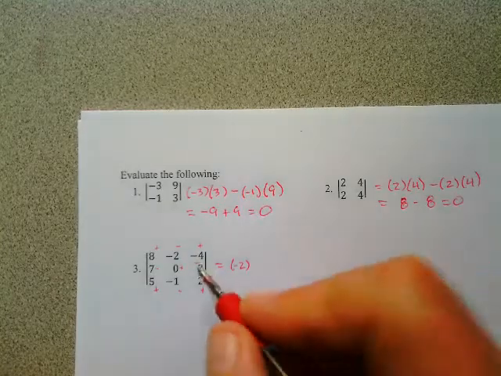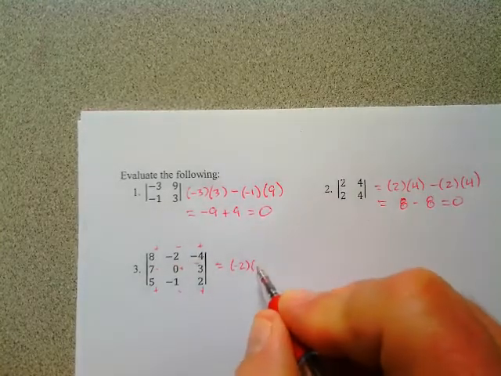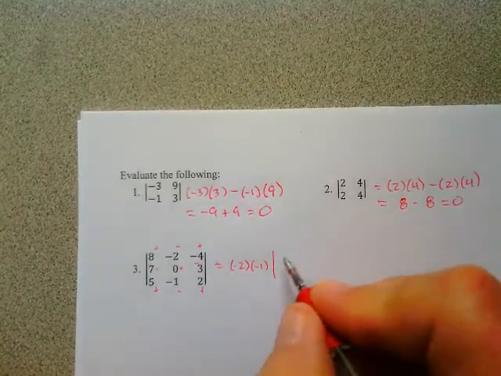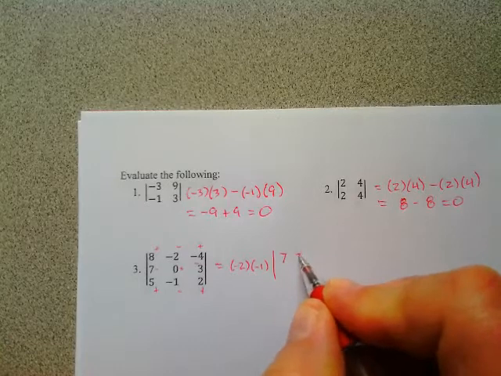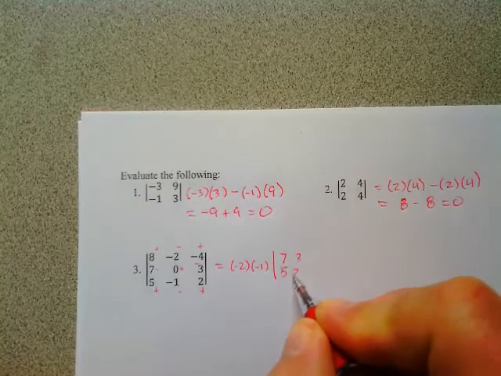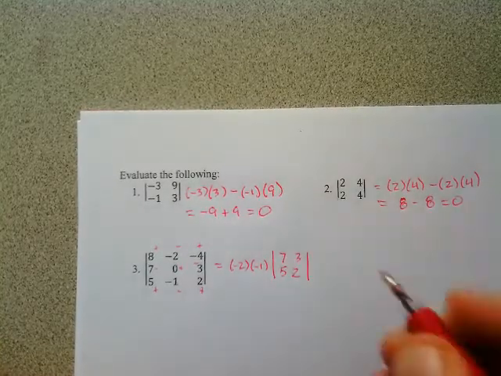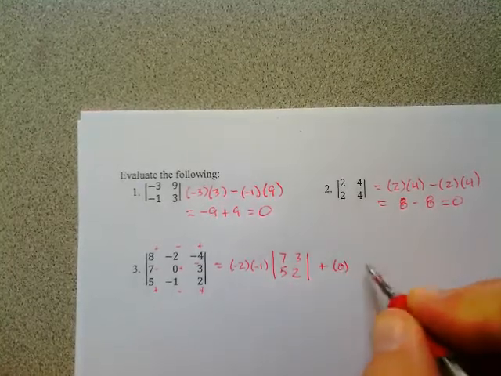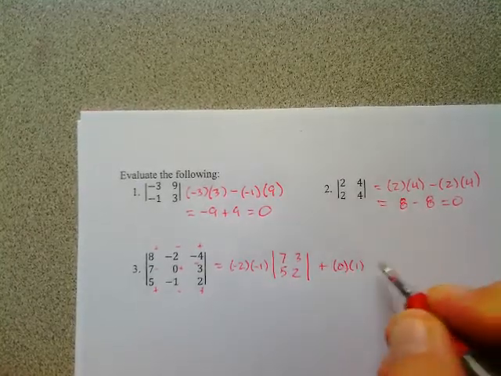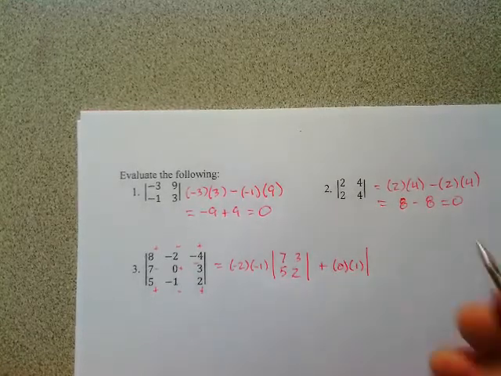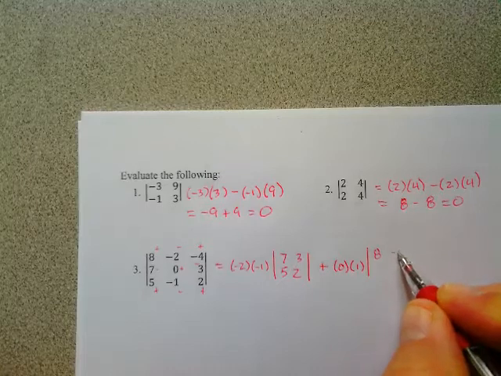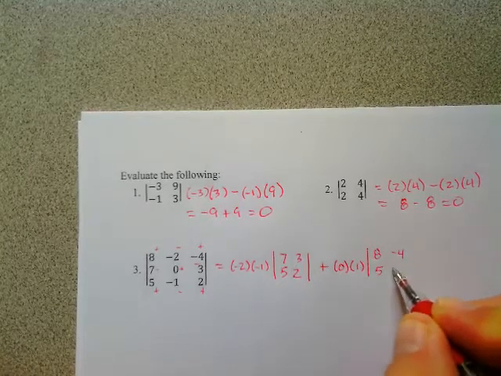So in that position we'll have a negative 1, and then that'll be times the minor, that is 7, 3, 5, and 2. Okay, so now that'll be added to the 0, which is in the plus 1 spot, and its minor will be 8, negative 4, 5, and 2.